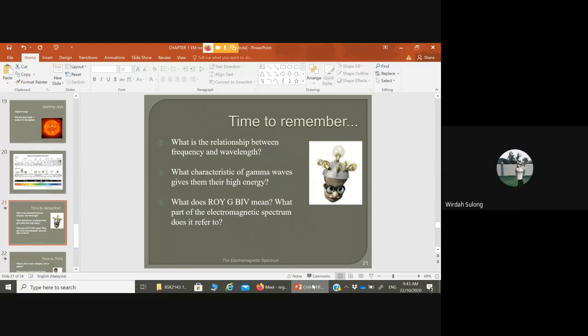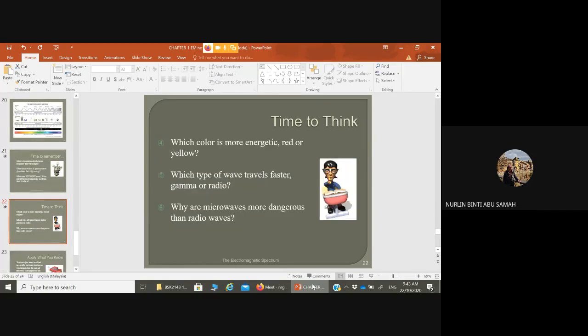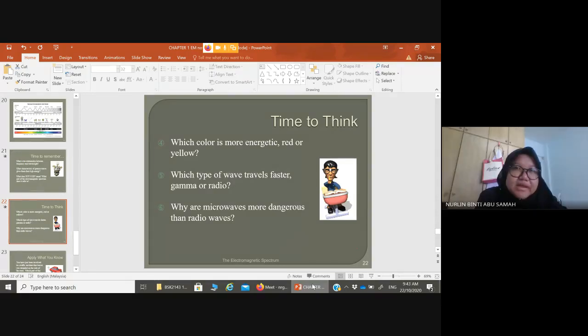Visible light. Good. I hope that you can know red, orange, yellow, green, blue, indigo, violet. Next, which color is more energetic, red or yellow? Which one has more energy?